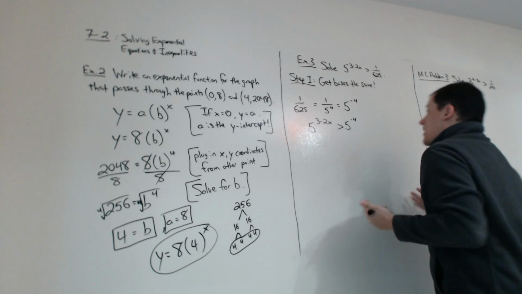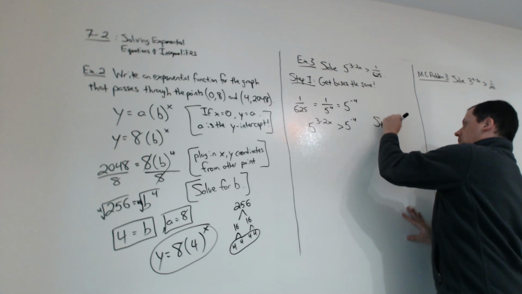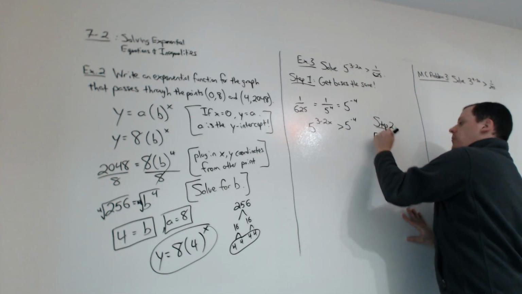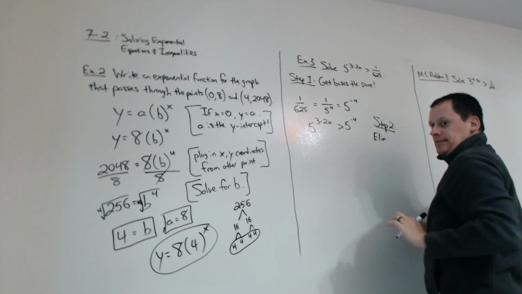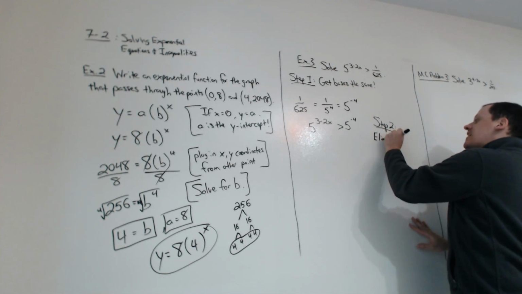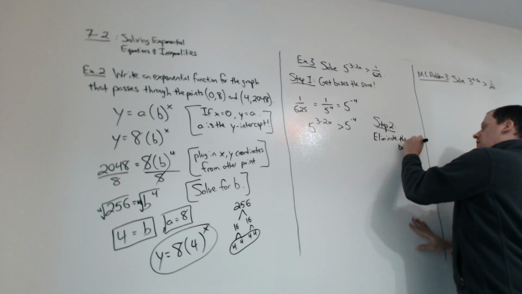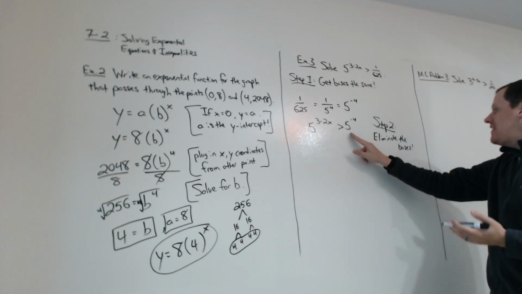This is where step 2 comes in. I'll be a little more formal in this video, as much as I want to say yeet, oops. That's not very professional. I'll say eliminate. We will eliminate the bases now.